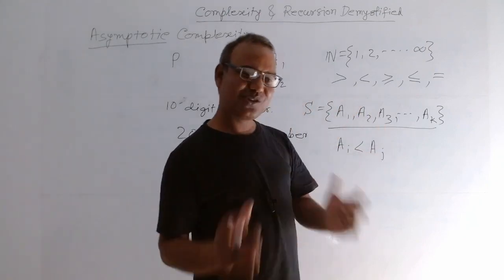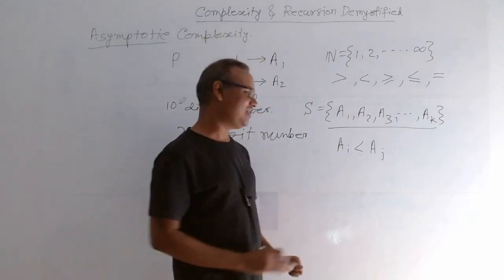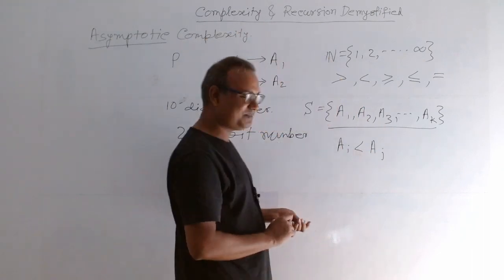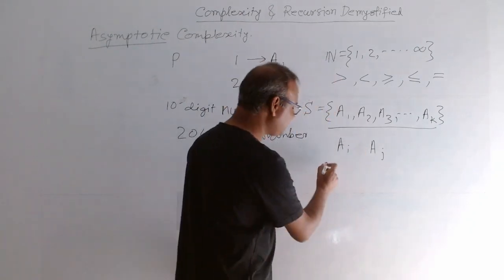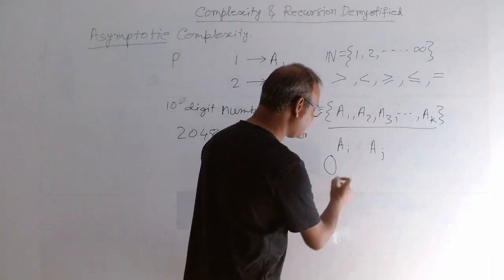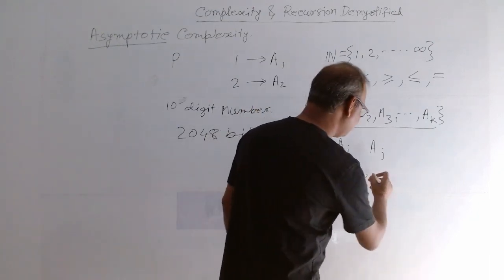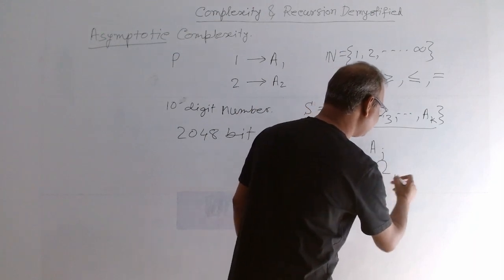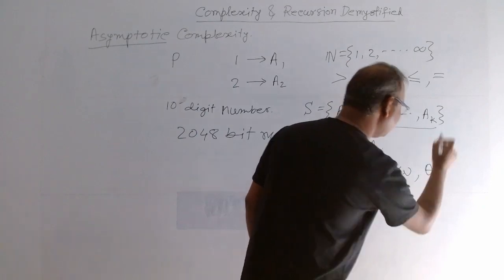So when comparing algorithms, we need to devise some other symbols. We have big O, small o, big omega, small omega, and theta.